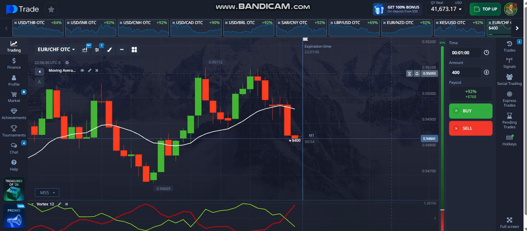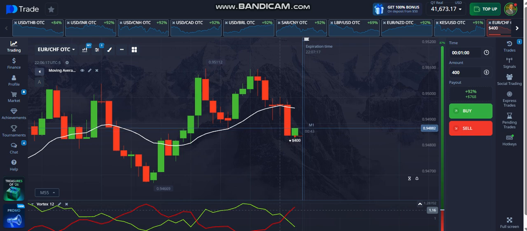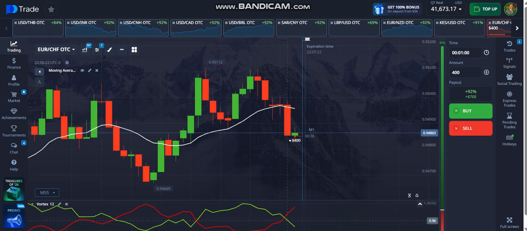Okay, so I'm on the Euro Swiss franc OTC pair. Similar situation. I waited for the candle to close below the WMA line. In addition to that, there was a simultaneous crossover of the green and the red vortex lines here. So let's monitor this trade and wait for the expiry.